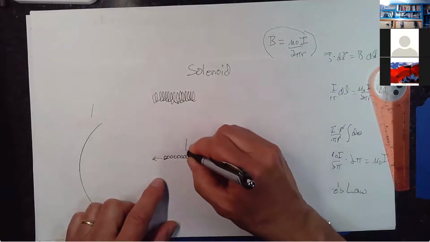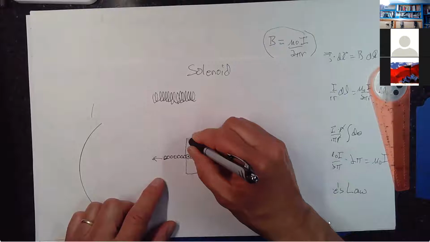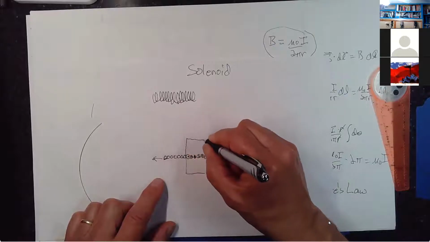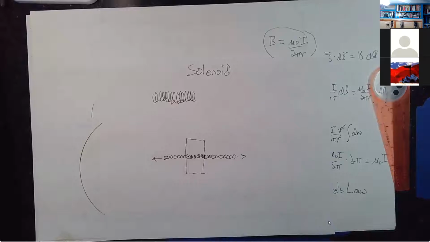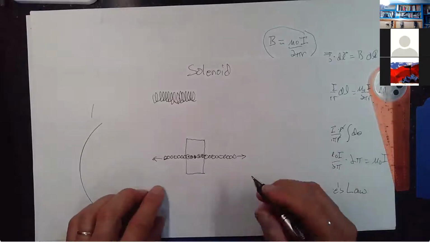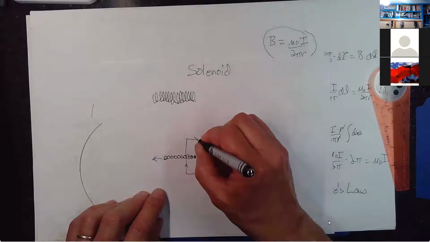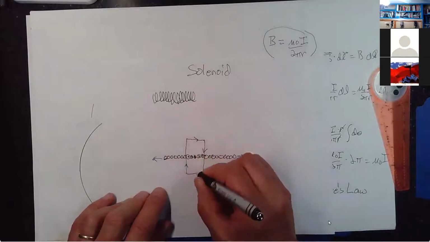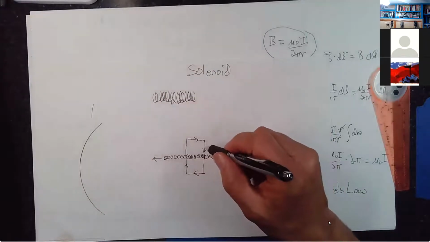Then you imagine that you take a little walk around an Amperian loop, a word that you might make up. We had Gaussian surfaces. Now we can have an Amperian loop. And we're going to take our walk in a clockwise direction around this Amperian loop.